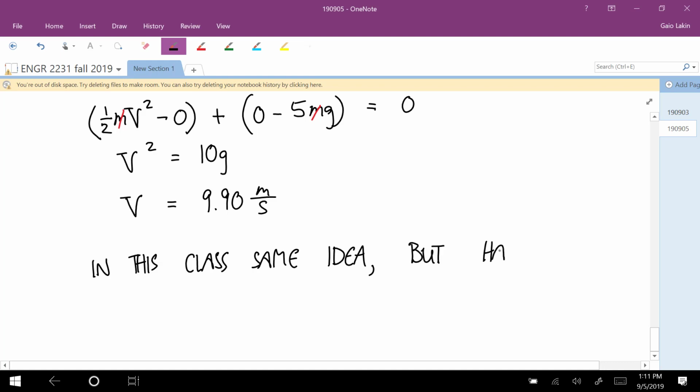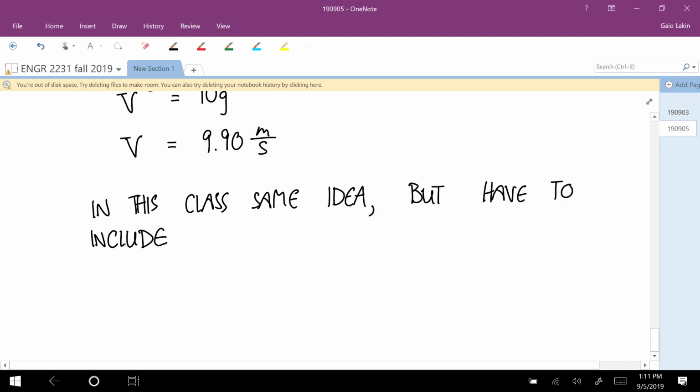So now we have to include heat. That's the change in energy due to a difference of temperatures. We didn't have to do that with skiing problems because we assumed there was no significant thermal energy changing.